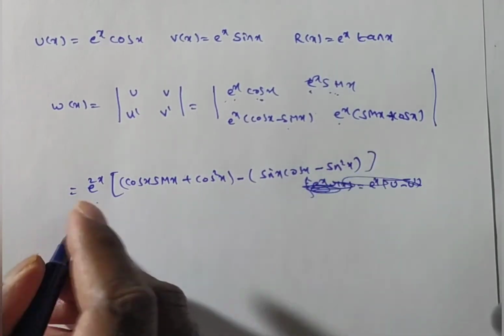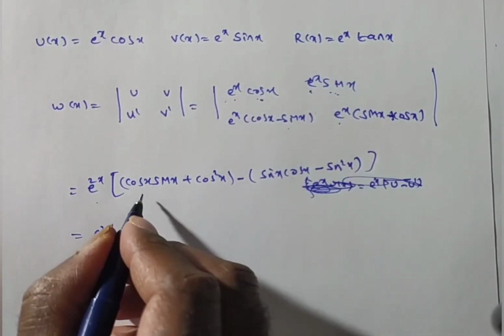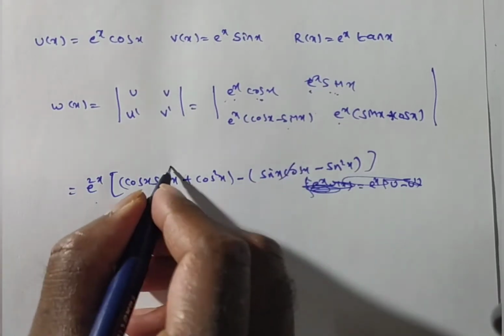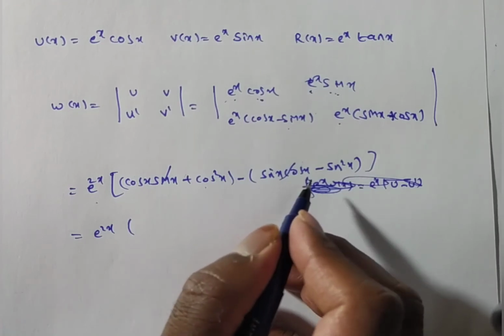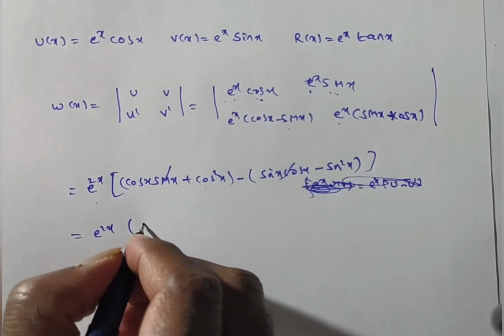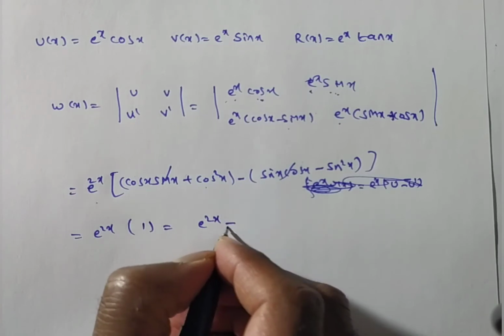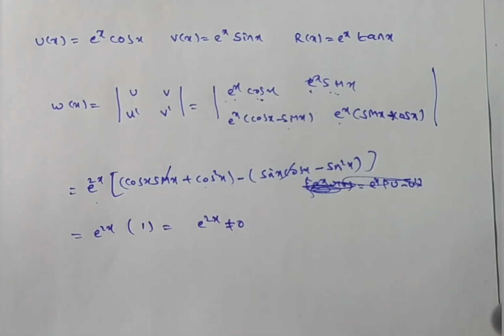So e power 2x into cos x sin x minus cos x sin x gets cancelled. Then you have cos square x plus sin square x, so this is 1. So the Wronskian is e power 2x, which is not equal to 0.